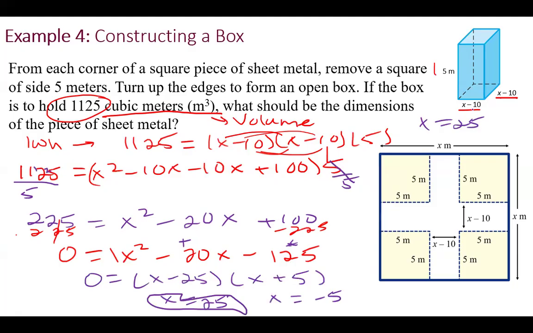And because x equals 25, that means the length and your width have to be what? What's 25 minus 10? 15. Does that make sense? So the length and the width of your box would be 15. So the box measurements are 15 by 15 by 5.